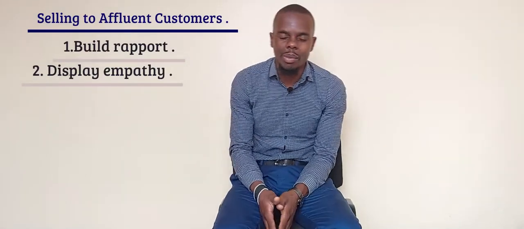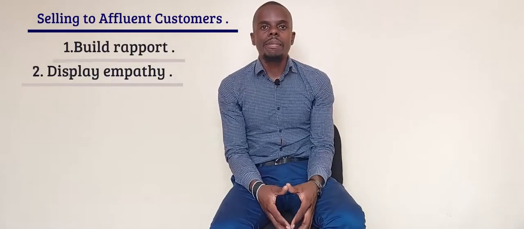In summary, I have explained the 4 types of customers that you need to know if you are moving out to a sales process. We have the cheap type of customers, the difficult customers, the sophisticated, and then the affluent type of customers. One thing that you need to keep in mind when you want to sell to these sets of customers is that follow-up is key.